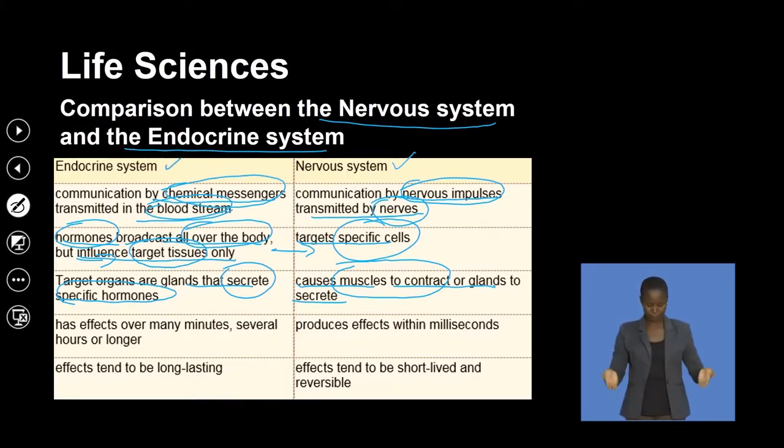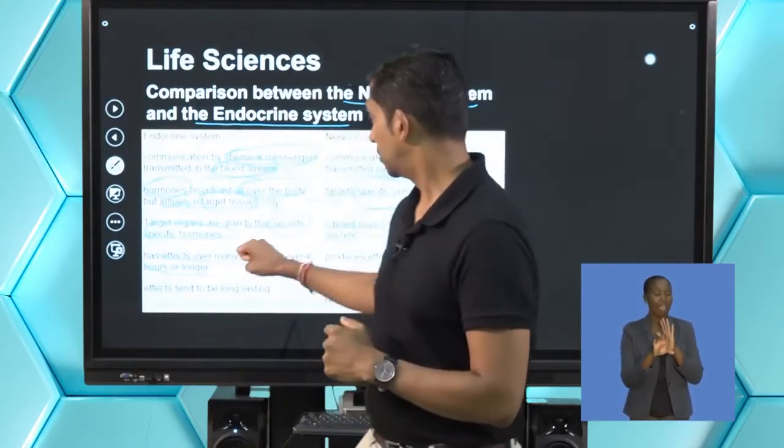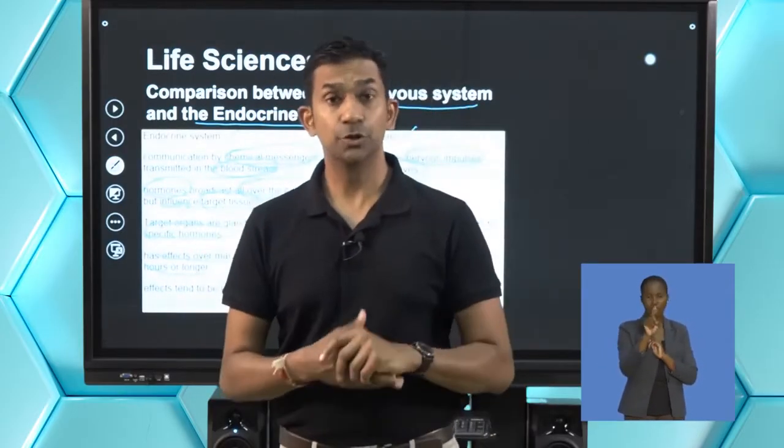Hormones have an effect over many minutes to several hours or even longer, whereas nerve impulses through the nervous system have an effect which happens within milliseconds, as I pointed out early on. An example of a hormone is the growth hormone.